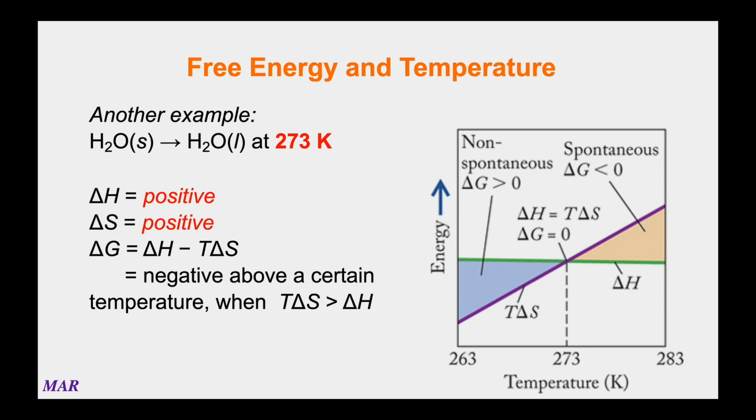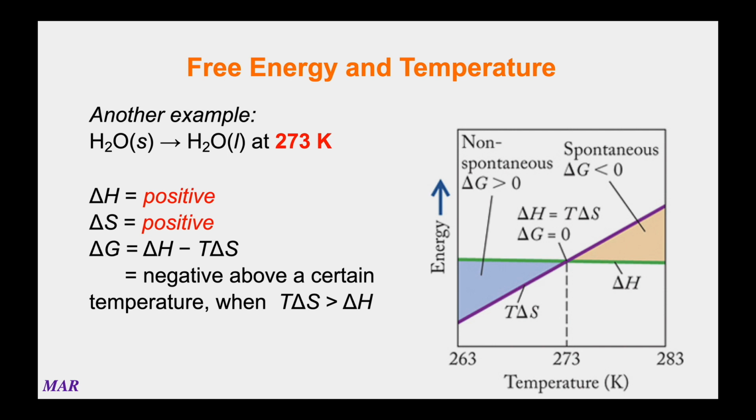273 Kelvin then is the threshold between when ice forms and liquid forms. Because delta S is positive, turning ice into liquid water, if T delta S is larger, then it'll make a negative delta G. On the other hand, if temperature is low enough, then delta H dominates, because you've got to break the solid intermolecular forces, the hydrogen bonding in the ice molecules, in order to form liquid water, and that's going to take energy.